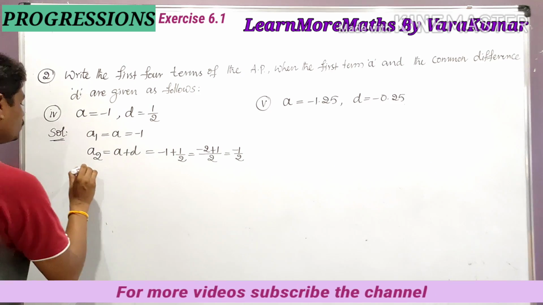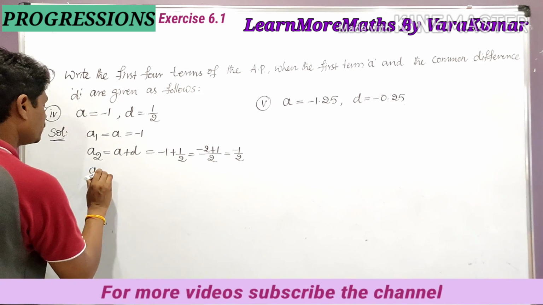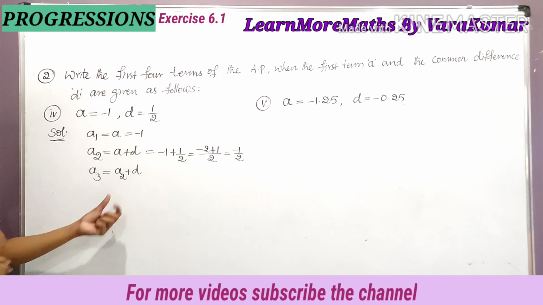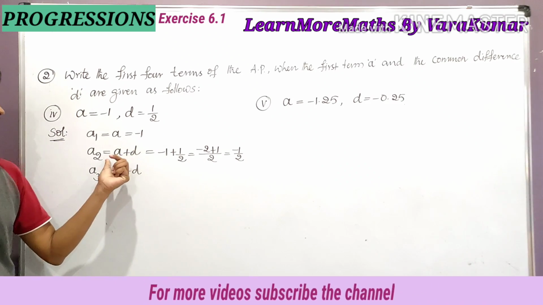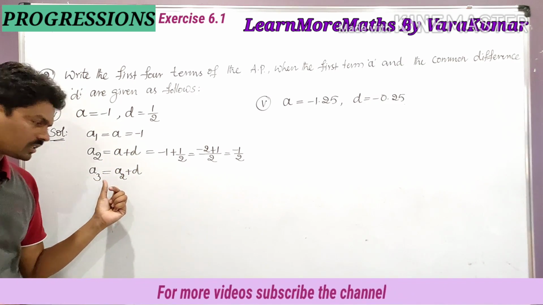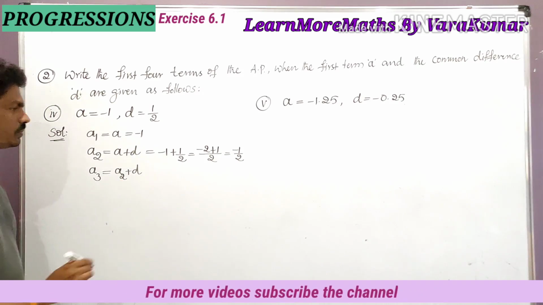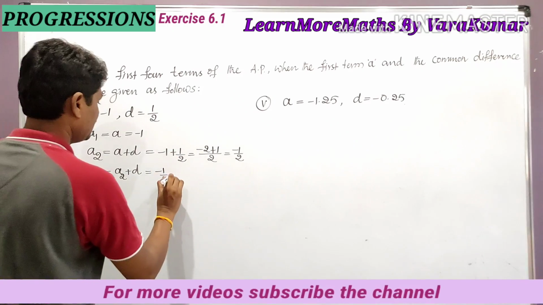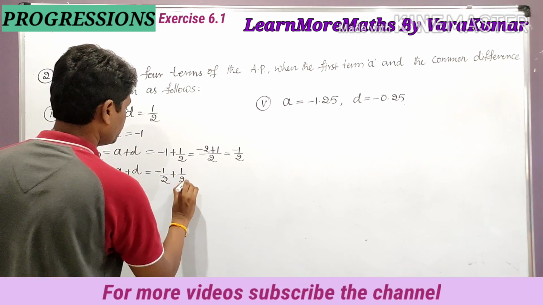So this is a2. Next we have to find the third term. a3 is equal to a2 plus d, student. By adding the common difference to the second term, we can get the third term. a2 value is minus 1 by 2 plus d value is plus 1 by 2.